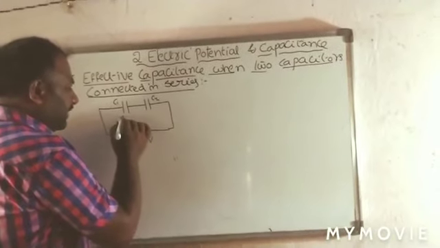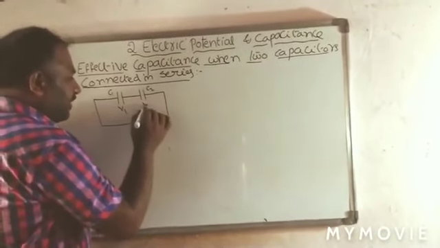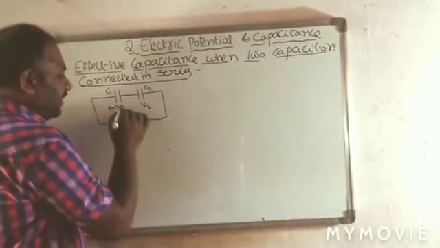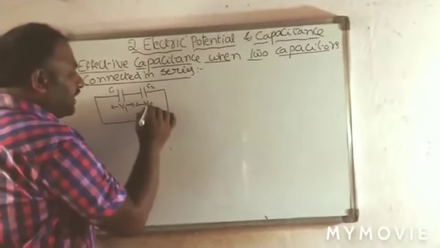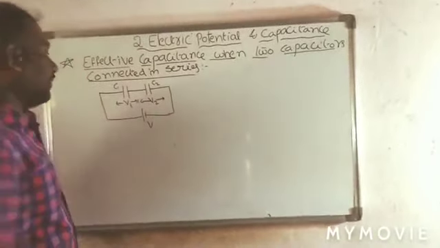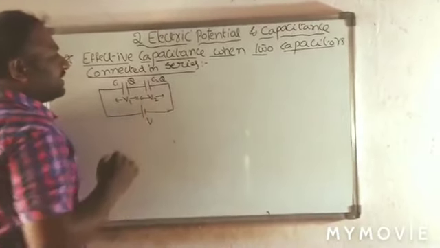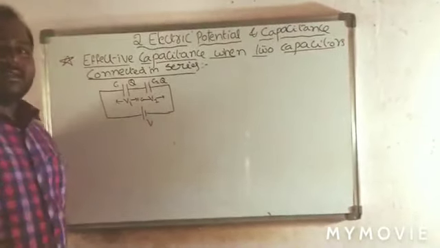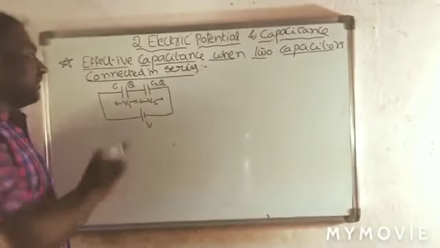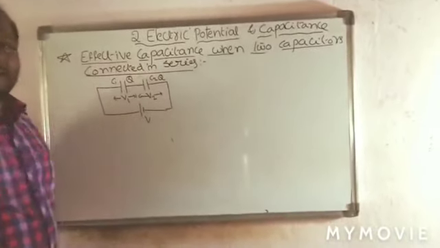Now here we know that in series connection voltage is divided. So the voltage across capacitor 1 is V1 and across capacitor 2 is V2, whereas the charge is the same because they are connected in series. In parallel, voltage is the same and charge is different.